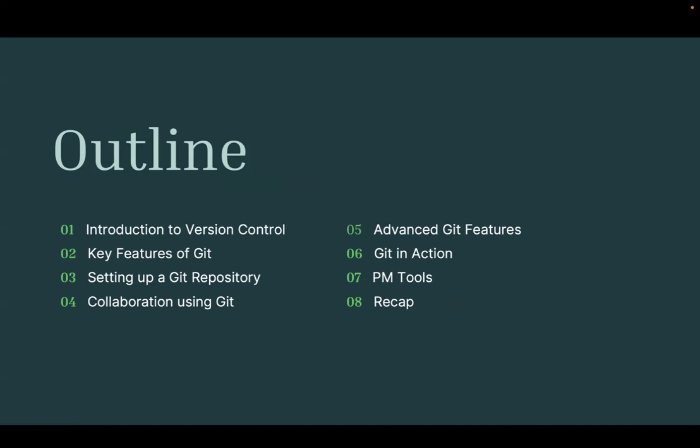We are mainly going to focus on an introduction to version control, key features of Git as one of the tools of version control, setting up a Git repository, collaboration using Git, some advanced Git features, and Git in action.